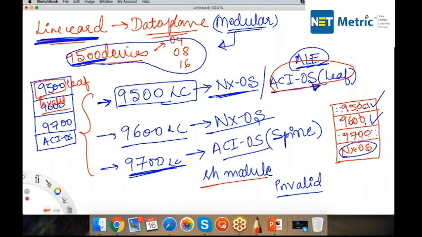All right. 9600 line card does not support ACI operating system. So when you give the command show module, this is again going to show me as invalid.